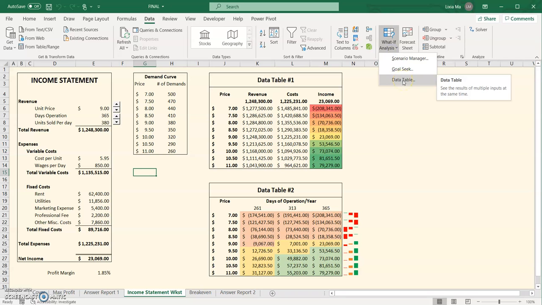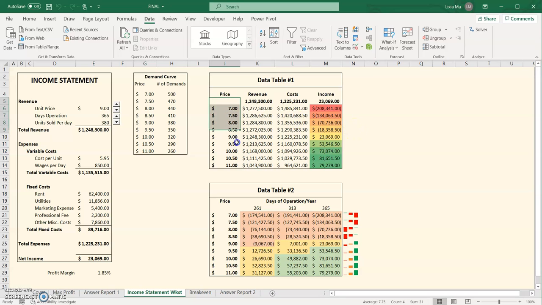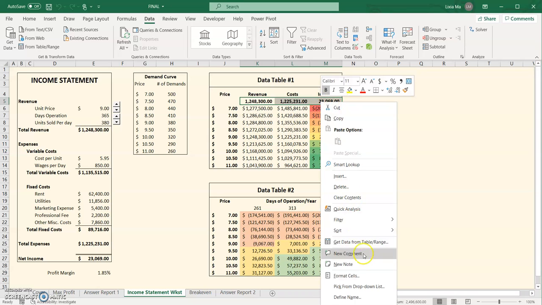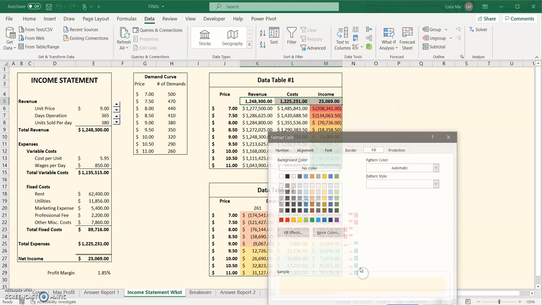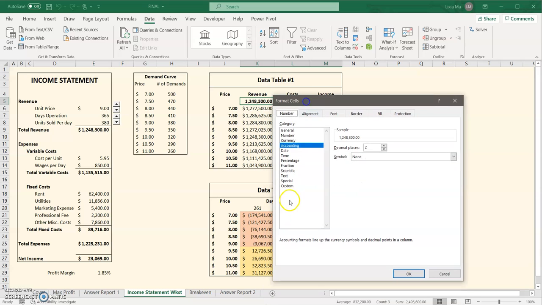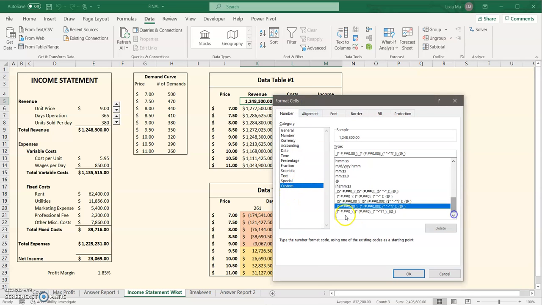Table number 1 shows the revenue, the cost, and income for the company when they sell at different price levels. These 3 numbers are directly equal to the ones shown in the income statement. If we click it, right click, go to Format Cells, go to Custom and click these 2 symbols, the numbers can be hidden.